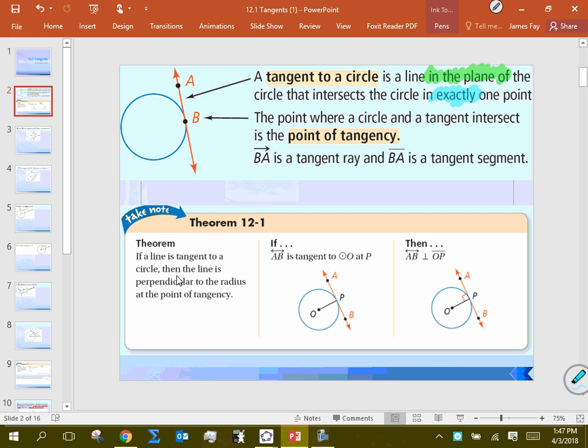So your radius and your tangent line are always perpendicular at the point of tangency, which is really nice, and it's kind of what ties in the tangent that we've already talked about in chapters 8 and 7 maybe, to what we're talking about now with circles. Okay?